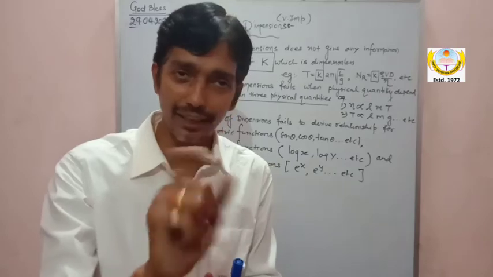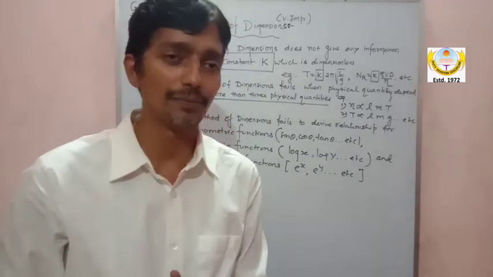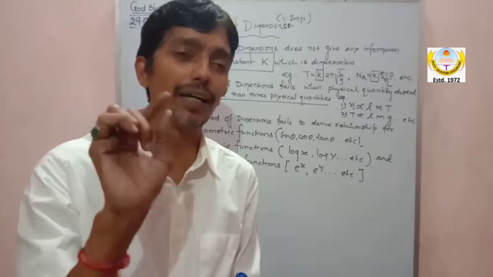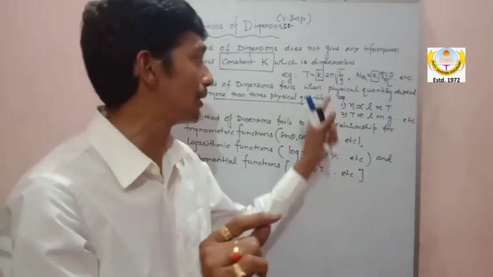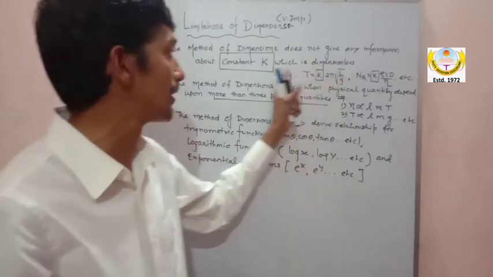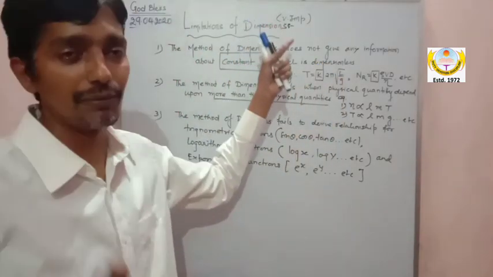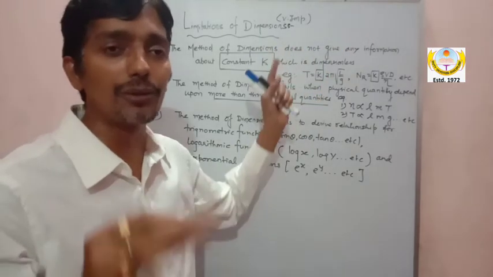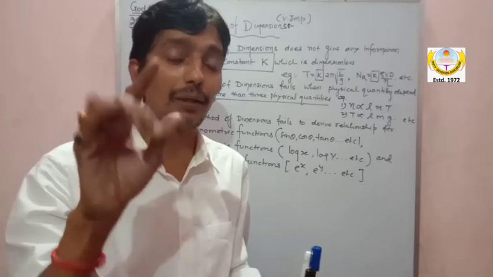But through dimension, we do not know that k value. So the dimension method fails to explain the k value, and k is a constant that is dimensionless. So the first point is this, my dear, that the method of dimension which we have done does not give any information about the constant k, and that k was dimensionless.